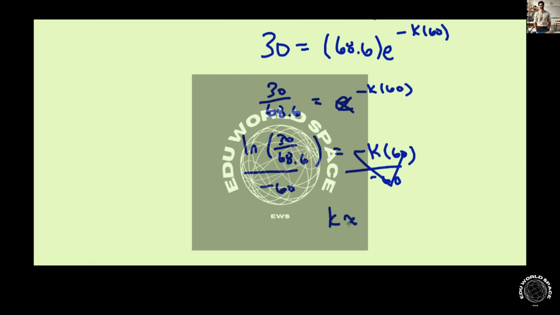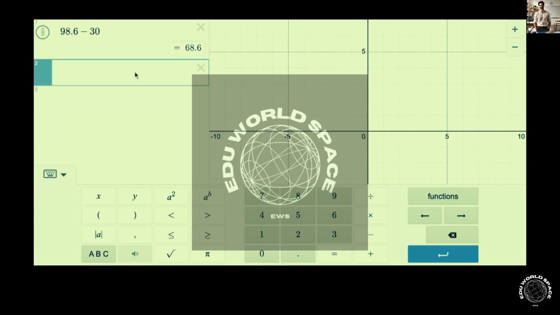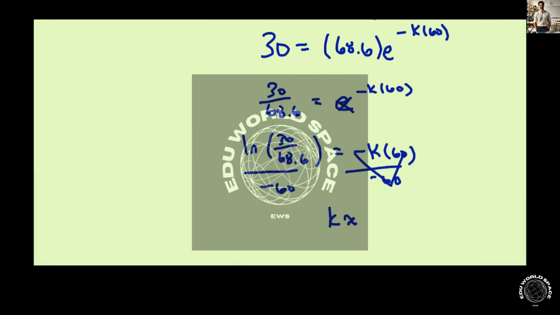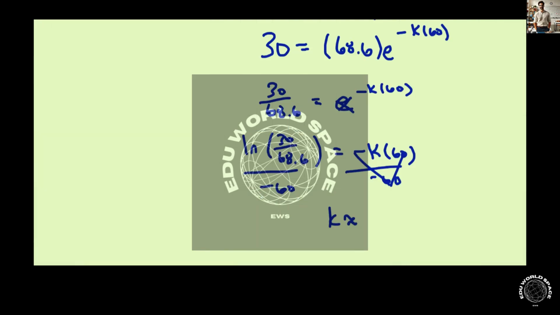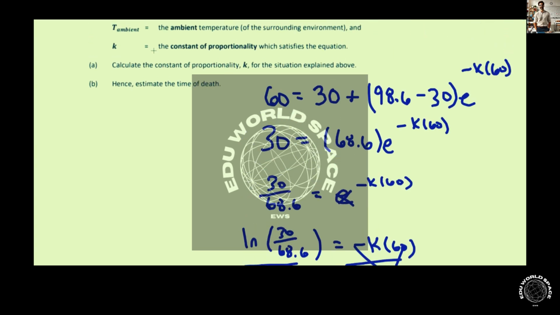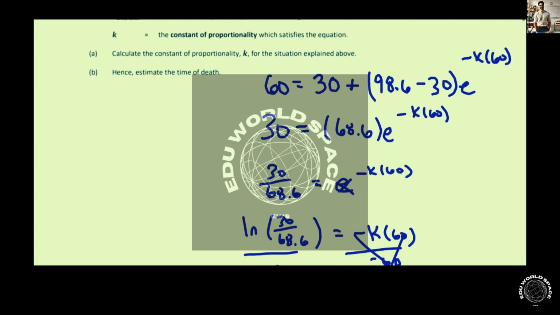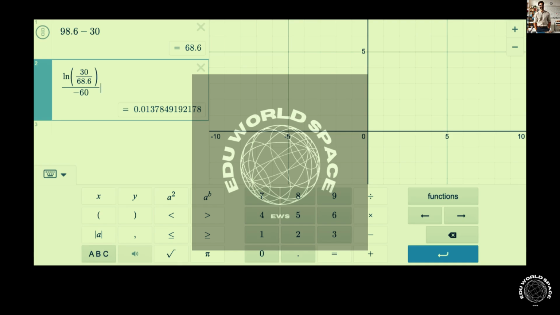So the natural log of 30 over 68.6, divided by negative 60, is 0.0... What do we want to round to here? It doesn't say what to round to, so I'll go several decimal places. We'll say 0.01378.